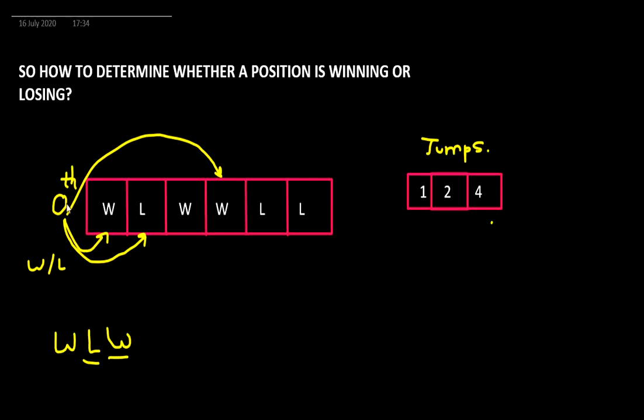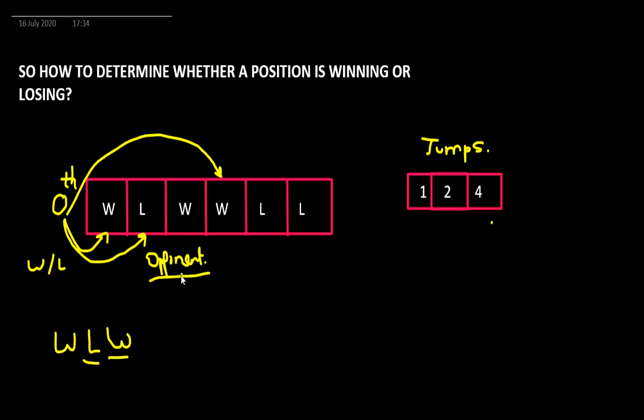From the point of view of the player who is playing this turn, he'll always try to land at a losing position. Now try to think about the reason behind this. If he lands at a losing position, the next turn is going to be played by his opponent. So his opponent is going to start his turn at a losing position. And as we had discussed earlier, if he starts from a losing position, he is sure to lose the game.